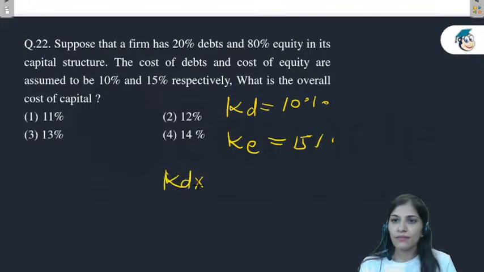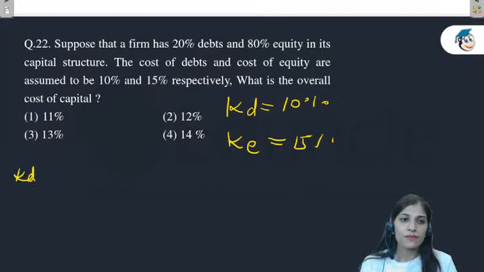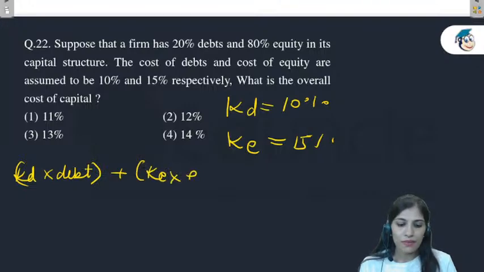So KD, sure, I'll be writing, I'll get more space. KD multiply by debt plus KE multiply by equity. This is the formula of overall cost of capital, right?